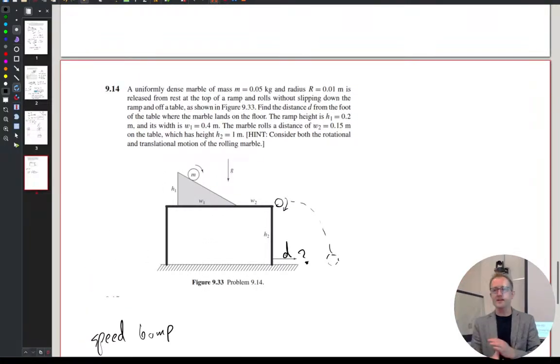So we can definitely use conservation of energy, but when there's an impact, we have to say there's some change in energy. In regards to our problem, because the velocity of the marble goes from that to that, it loses some of its energy.